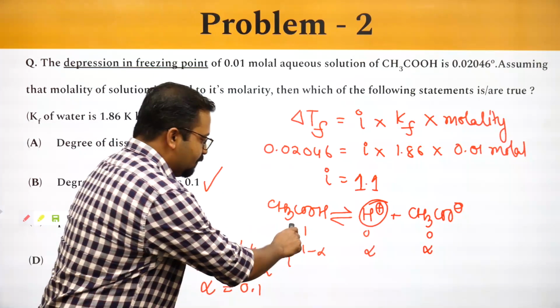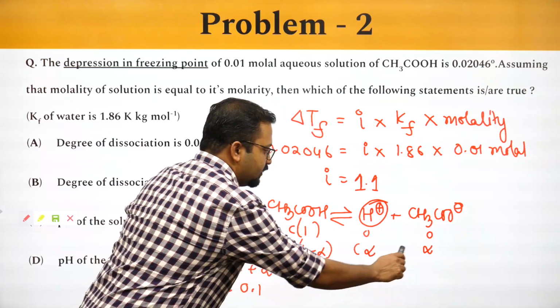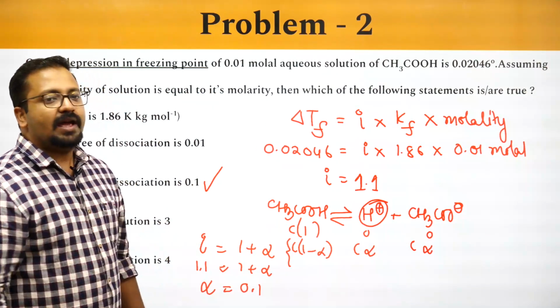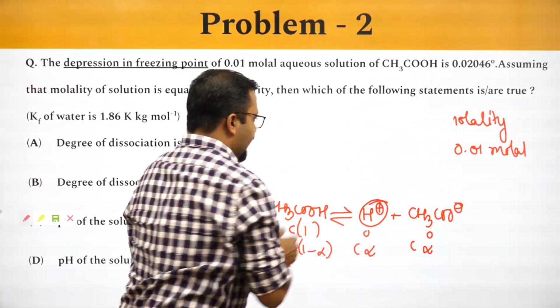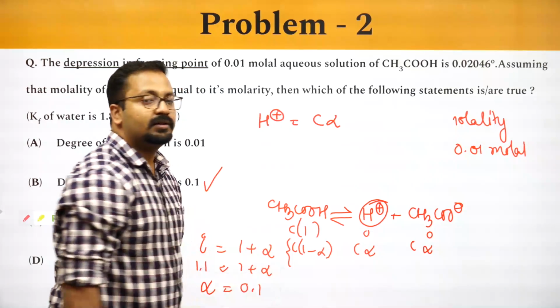So if I multiply this with concentration, that means the H plus ion concentration will be equal to C alpha.